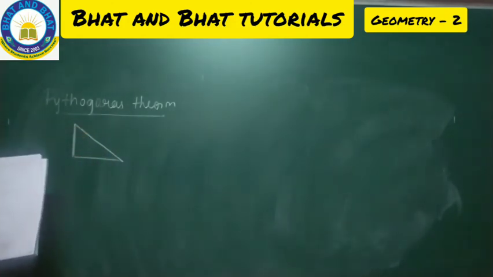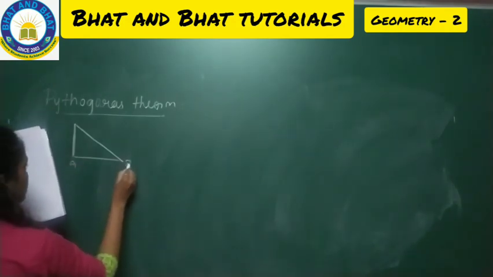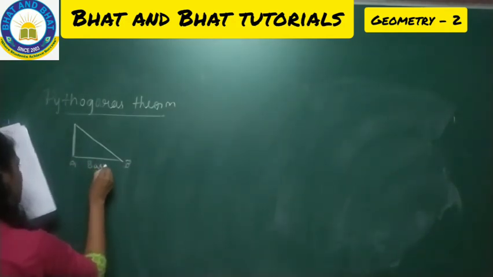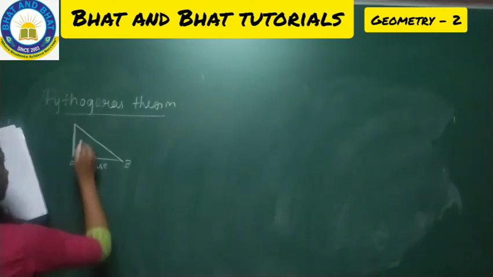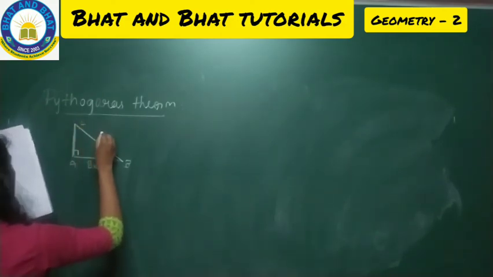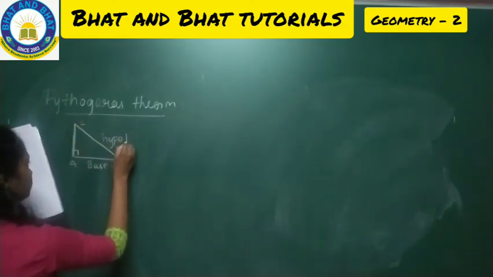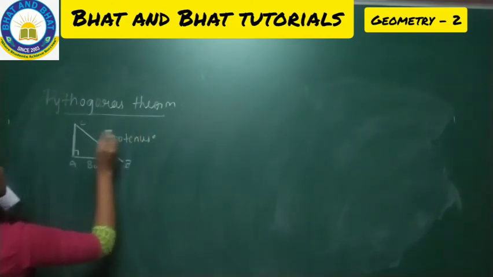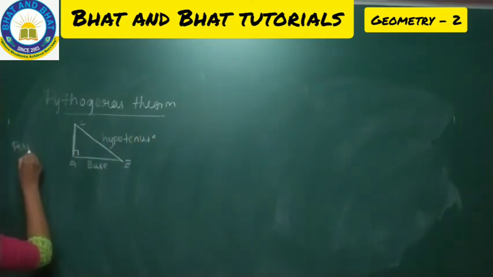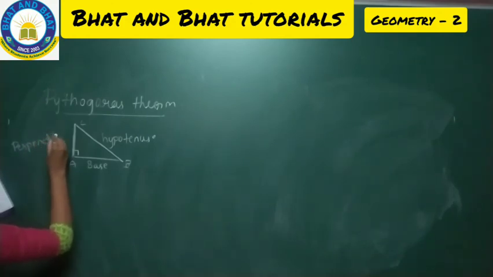Here give the name as AB and call it the base, and it's a right angle triangle. This is C, and this is the hypotenuse, and this is called the perpendicular.